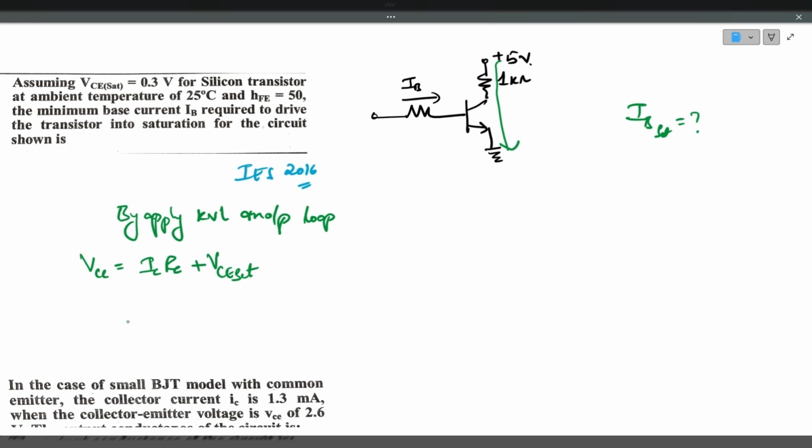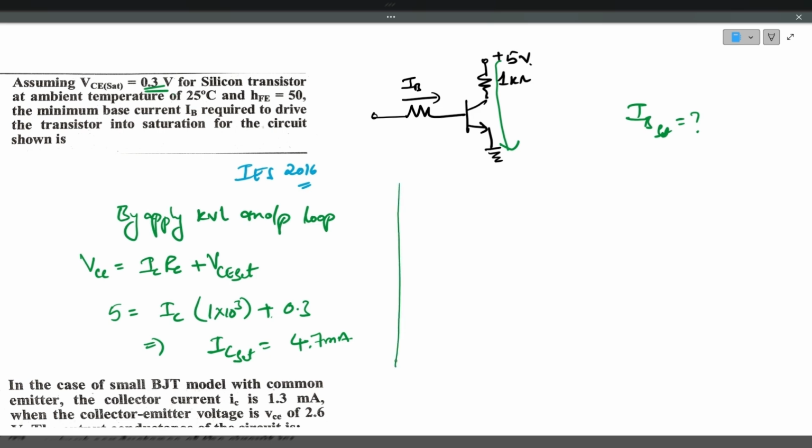Substituting these values, collector current is not known, collector resistance is 1 kilo ohm, VCE saturation is given as 0.3 in the question itself. So from this, I will get IC saturation current equal to 4.7 milliamps. So this is the IC saturation, the minimum collector current that is required to drive the transistor into saturation.